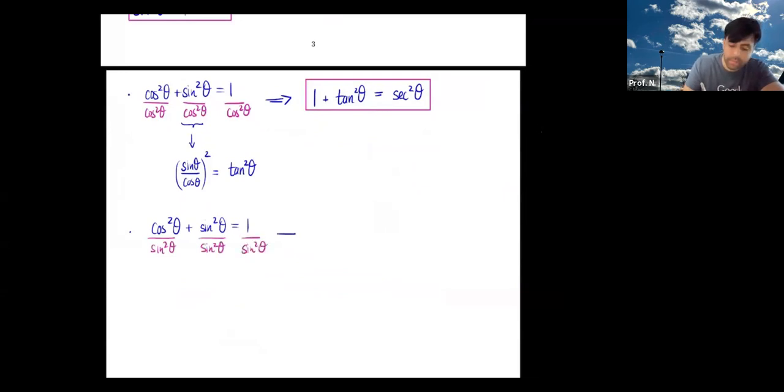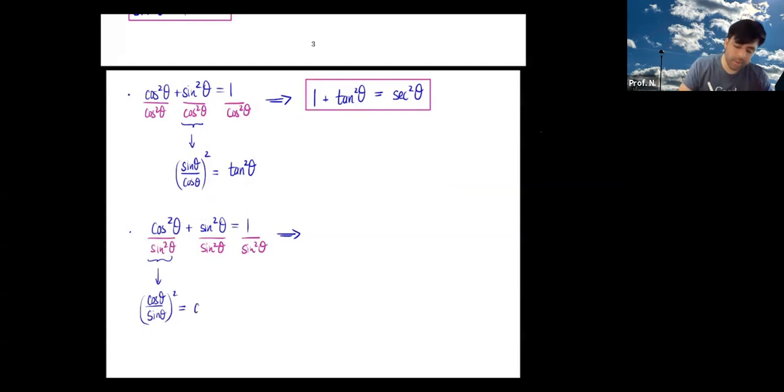So what do I get? Well, cosine squared theta over sine squared theta, I can rewrite as cosine theta over sine theta, squared. But cosine theta over sine theta is the reciprocal of sine over cosine theta, which means it's the reciprocal of tangent.